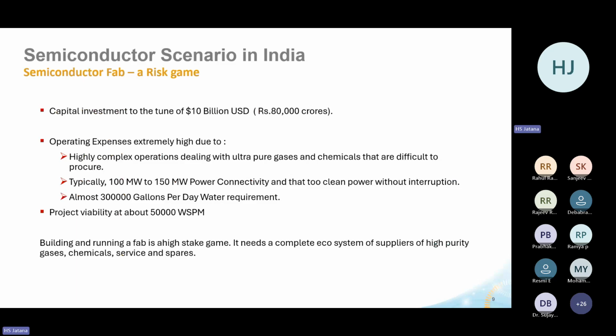And why there wasn't a fab in the last 20 years? There are many reasons, and the main reason is capital. The capex required is very high.